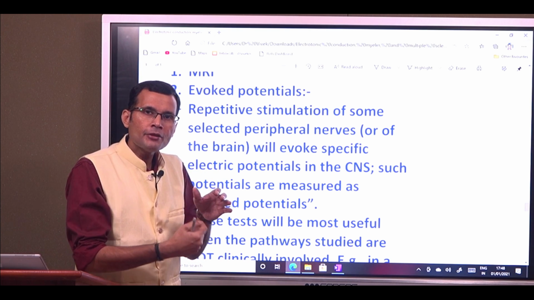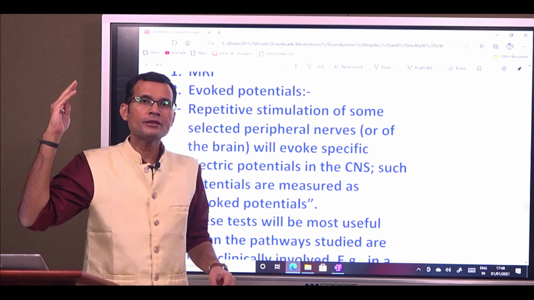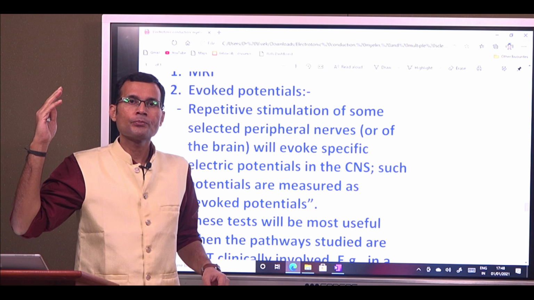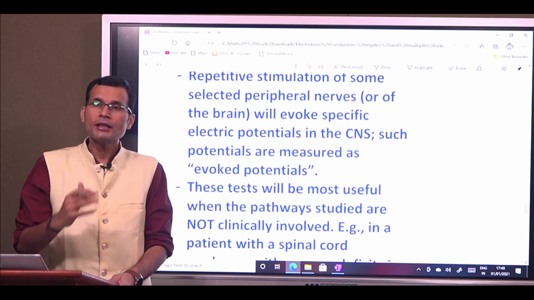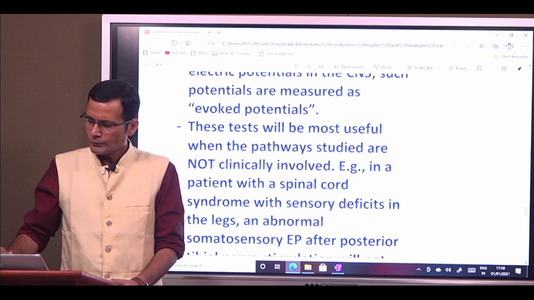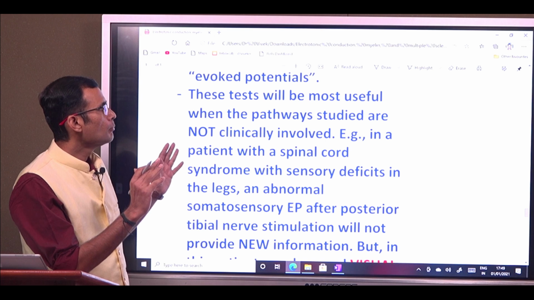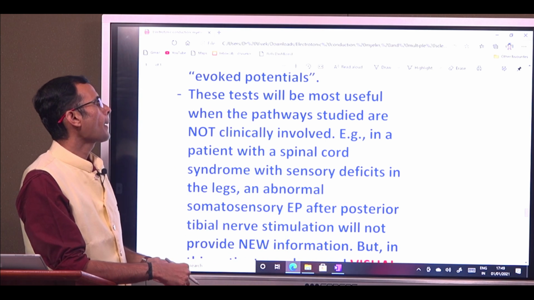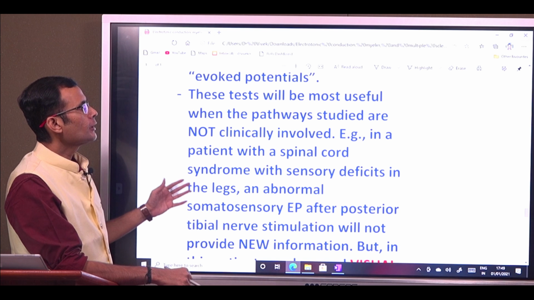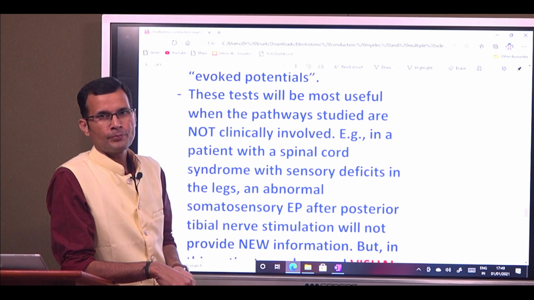We repetitively stimulate that nerve to evoke the potentials in the somatosensory cortex, and therefore these are called evoked potentials. Now, either MRI or evoked potentials will be most useful when the pathways studied are not clinically involved.